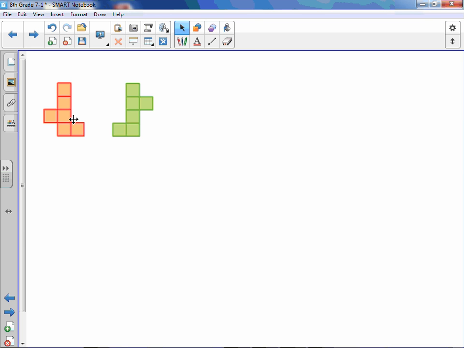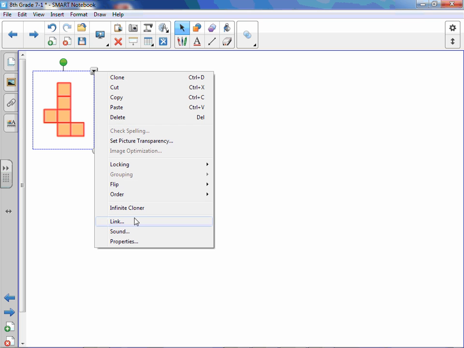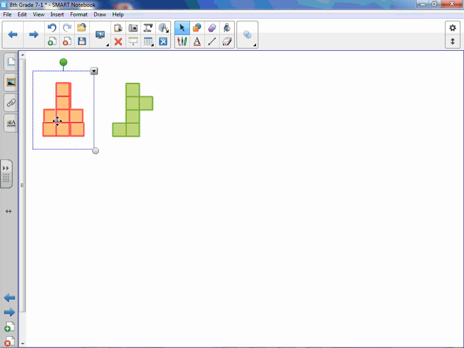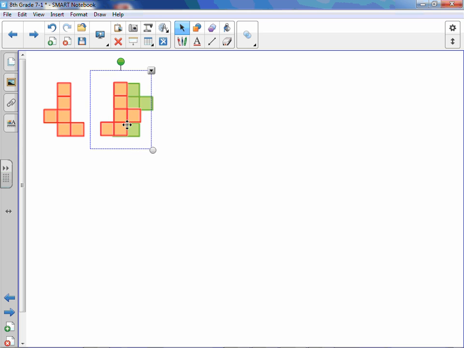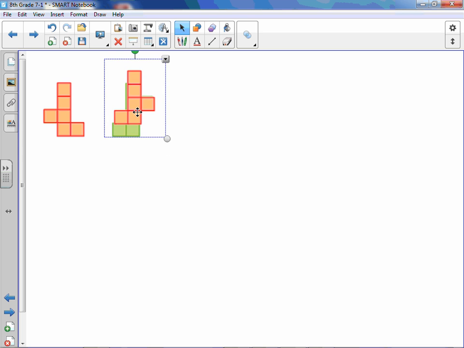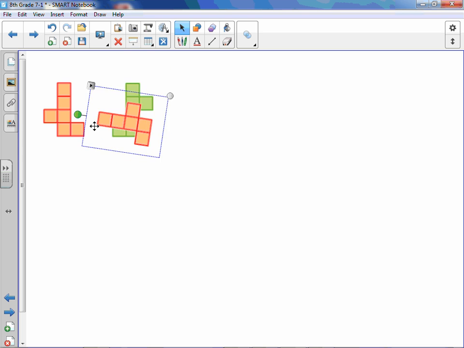Next one. Let's try and do the same thing. This looks like a nice, easy reflection. So let's reflect this. This one doesn't work. I mean, we can move it up, down. We can even try and rotate it.